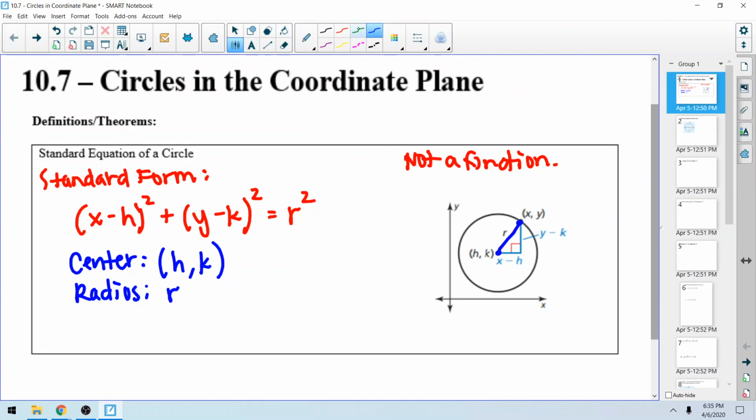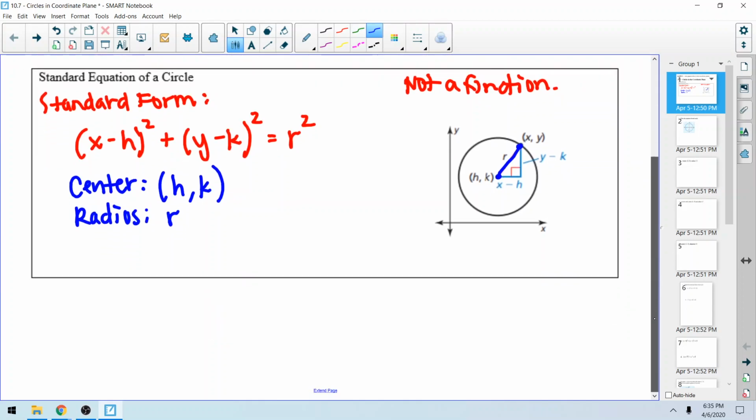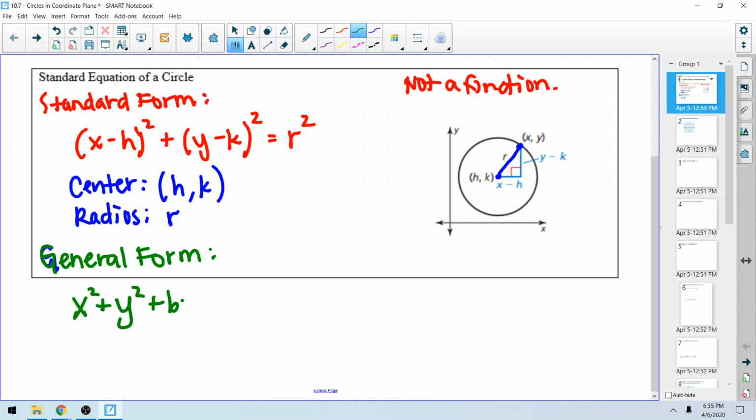Now, standard form is what we typically deal with. That's what we deal with a lot. That's what you really need to know. But there is also a general form. And general form of a circle is x squared plus y squared plus bx plus cy plus d equals 0.